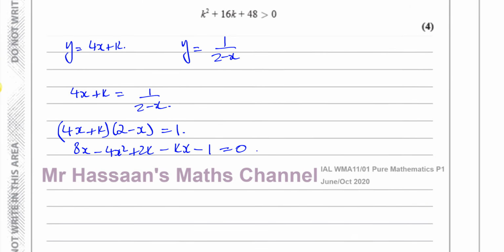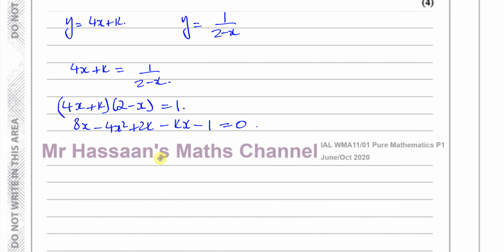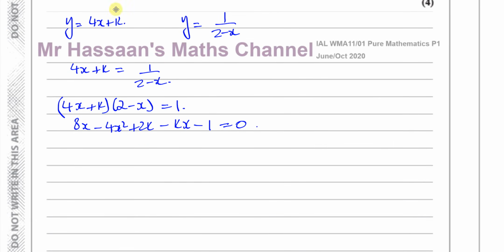And now what I can do is simplify this. Let's make the x squared term positive, just to make life easier. So I'll change the sign of everything I see here. Let me just do this properly, sorry. Just change the signs of everything.